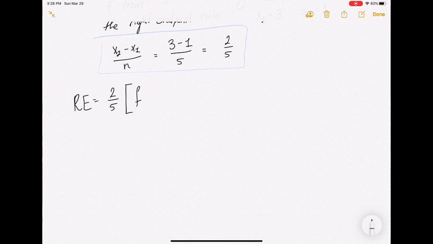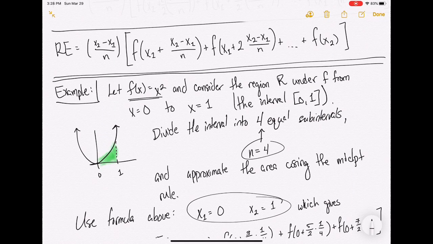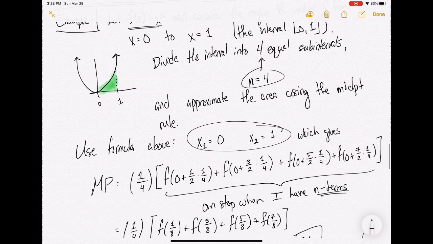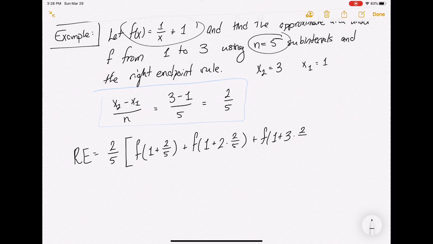And then it's f. Where do we start with the right endpoint? We start at x1 plus that x2 minus x1 over n ratio. So we start at x1, which is 1 here, plus the ratio, 2/5. And then we work our way down: f of 1 plus 2 copies of 2/5, f of 1 plus 3 copies of 2/5, f of 1 plus 4 copies of 2/5, and finally f of 1 plus 5 copies of 2/5.